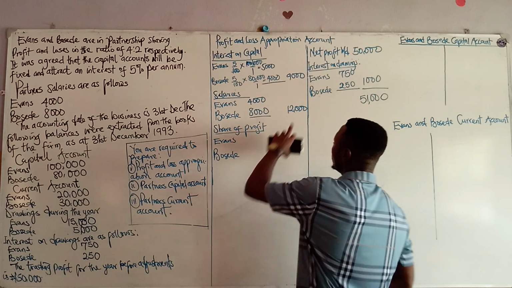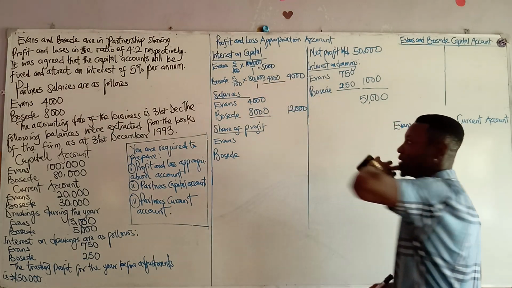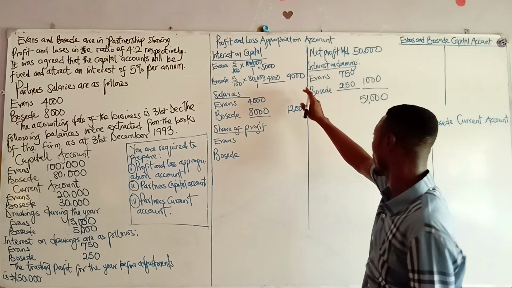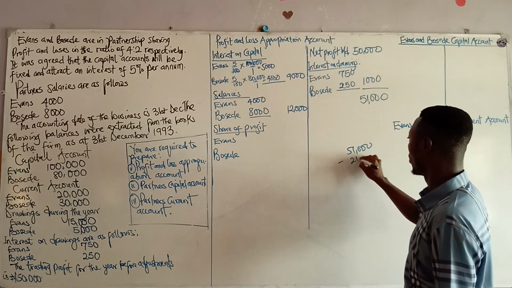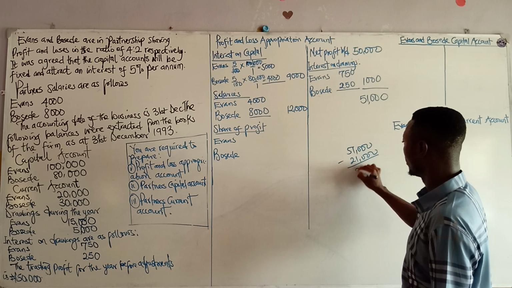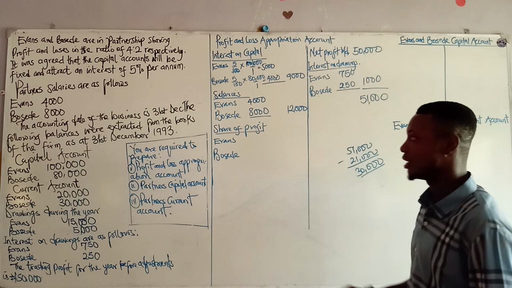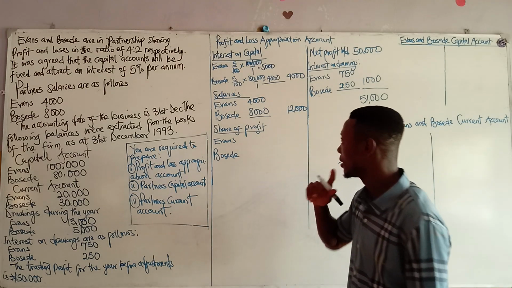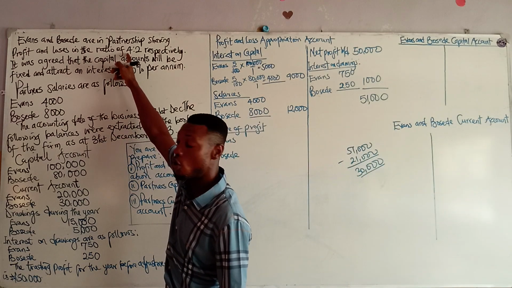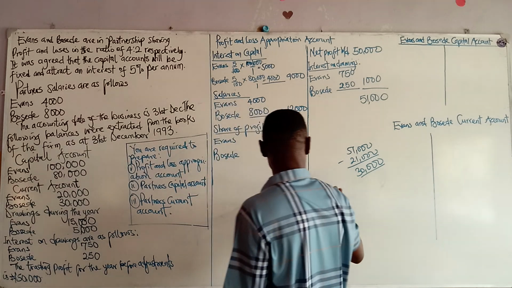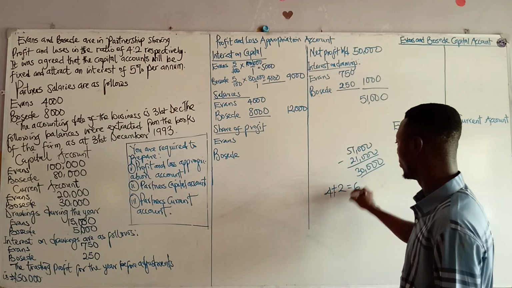Now I'll add the debit side together: 12,000 plus 9,000 is 21,000. So 51,000 minus 21,000 gives me 30,000. This is the profit that was made by the partners. In this question, the share of profit is in the ratio 4:2. So we add the 4 and 2 together, which gives me 6.